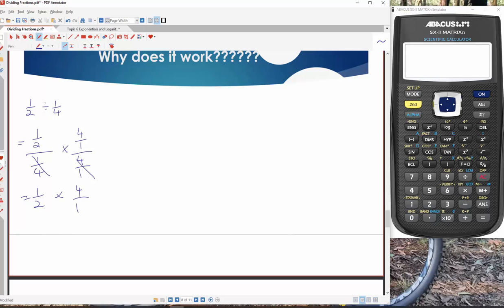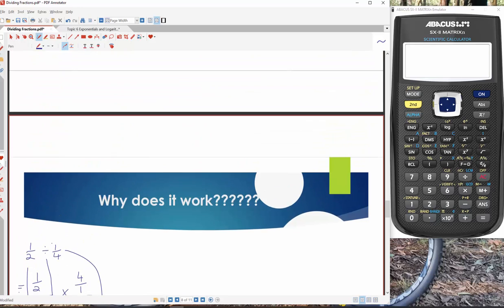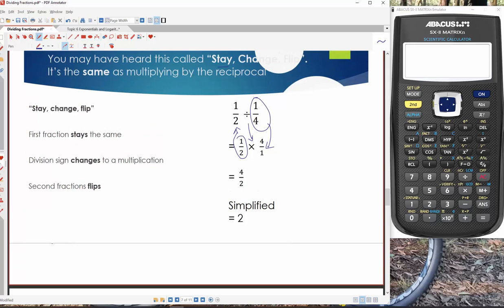Well, it's the same thing, because this is a statement of equivalence and this is a statement of equivalence. Have a look at what's happened. The half has stayed as a half, the division sign has changed to a multiply sign, and this fraction here has flipped. So stay, change, flip. And what we get, 1 times 4 is 4, 2 times 1 is 2, and our answer is 2, just like we saw before with the algorithmic approach in this one.